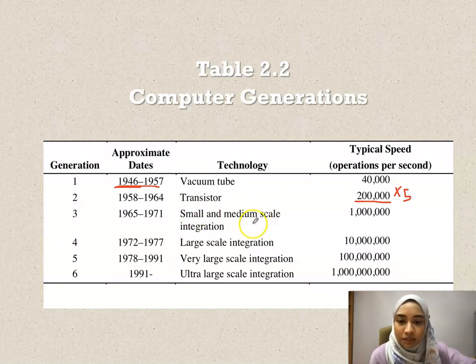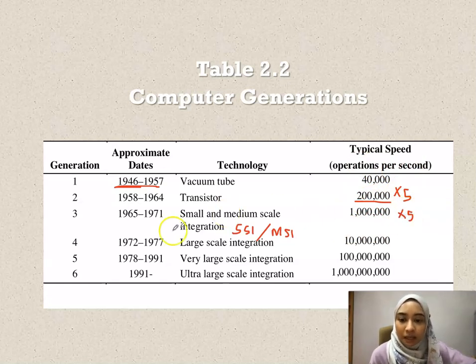You call this SSI and MSI, small scale integration and medium scale integration. Why am I showing you this short form? Bear with me. So 200,000 operations per second to 1 million. So again, times 5.